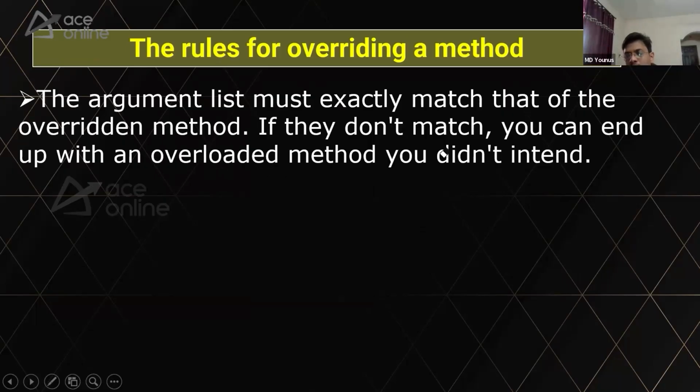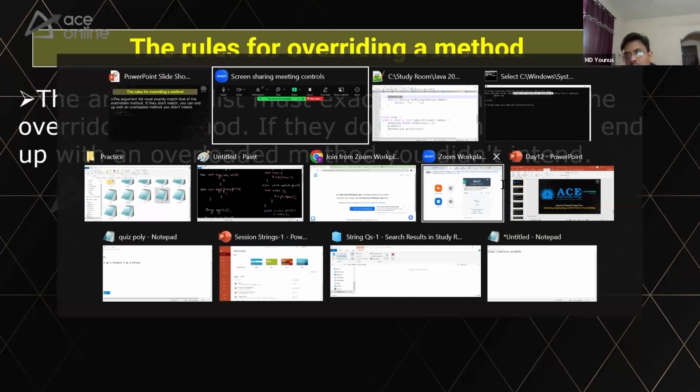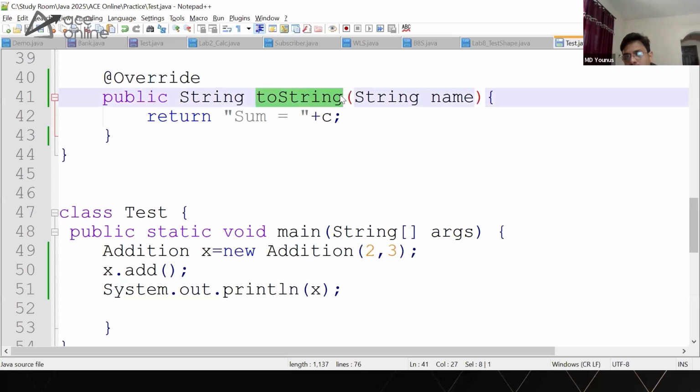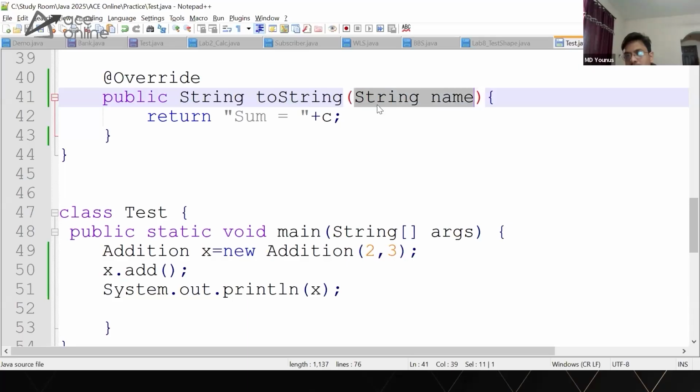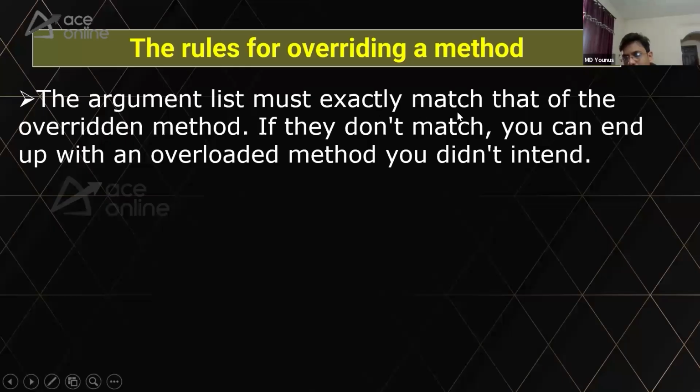We have seen this clearly with the toString method: if I change the argument type, it becomes method overloading. I may not get an error, but it becomes overloading and will not be treated as overriding. So the arguments must match exactly.